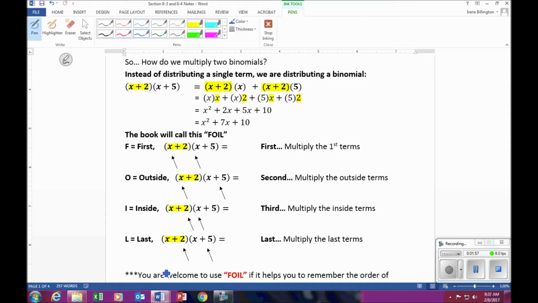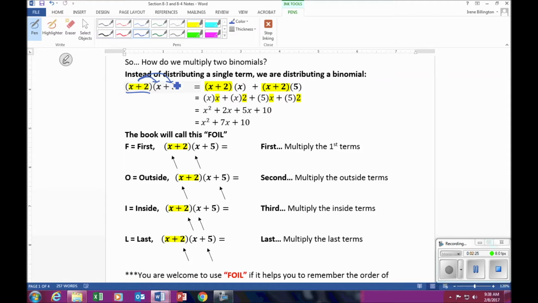So that means that when I multiply x plus 2 times x plus 5, I'm taking x plus 2 and distributing that entire expression, multiplying it by x and multiplying it by the 5. Which in turn means x is being multiplied by x, 2 is being multiplied by x, x is being multiplied by 5, and 2 is being multiplied by 5.